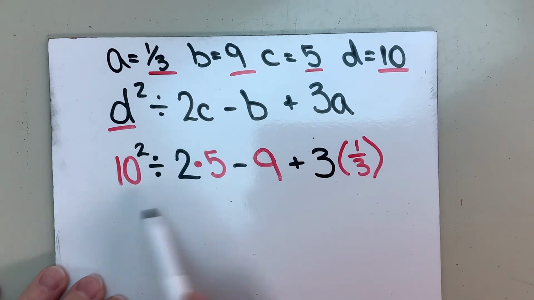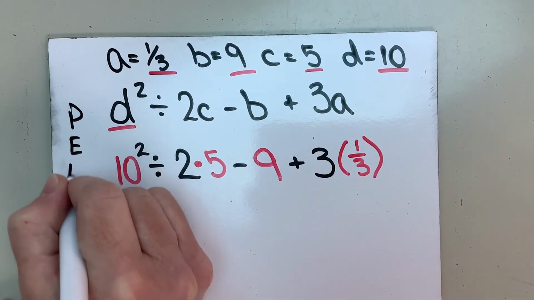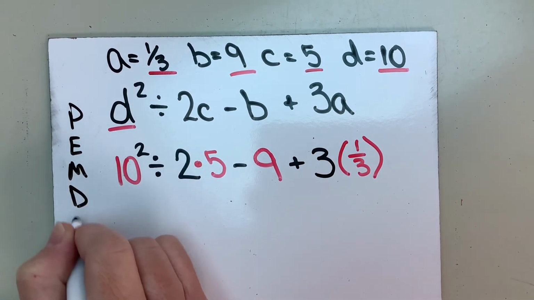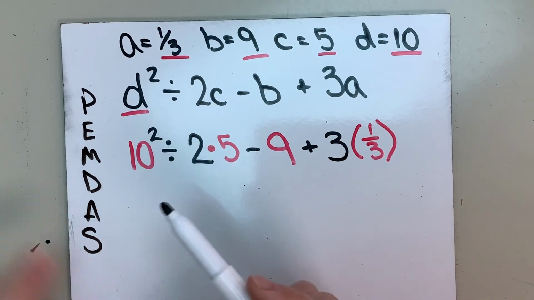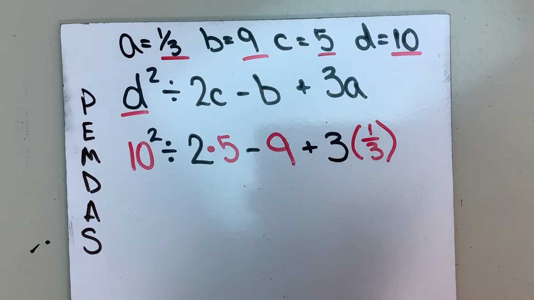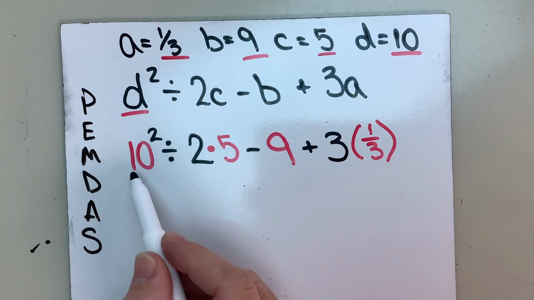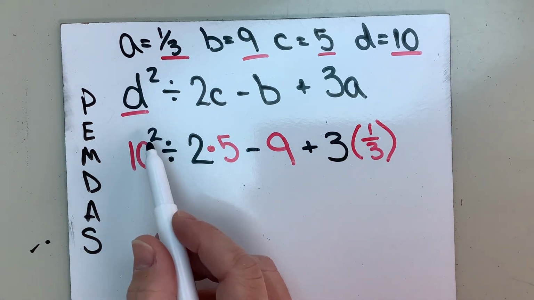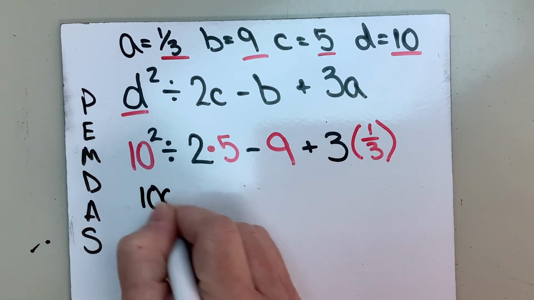All right, so when we go through this, we're using PEMDAS. Please excuse my dear Aunt Sally. We want to start with parentheses. So this could be considered parentheses or multiplication, doesn't really matter. We're going to take it as multiplication right now. So let's start with our exponents. 10 squared, so that means 10 times 10 is 100.